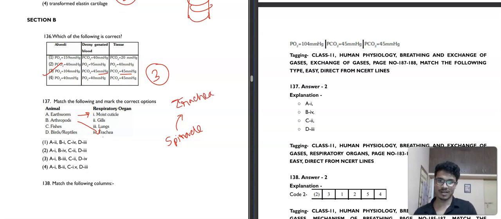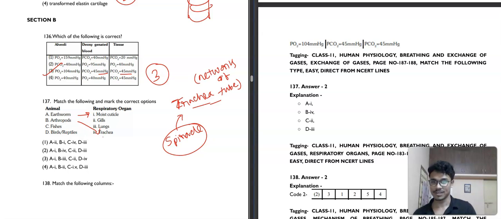It is basically a network of tubes, and it is distributed all over the body of the arthropods. So air enters through spiracle and trachea is the respiratory organ for them. Fishes have gills, and birds and reptiles, obviously, have lungs as the respiratory organ. So correct answer is second option.